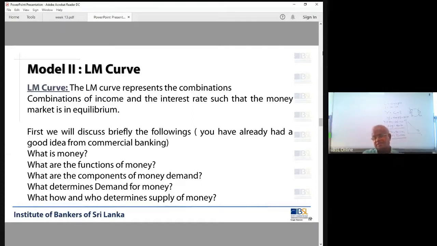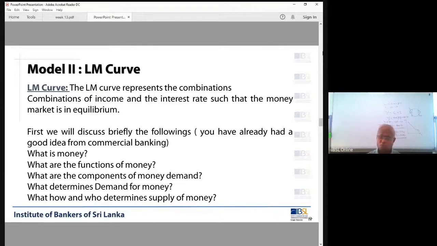The richer the country, the richer the households, the more money you need. Your demand is higher, positively related to income. Remember, at the beginning I said the demand for money function is KY minus HR. Demand for money equals KY minus HR.